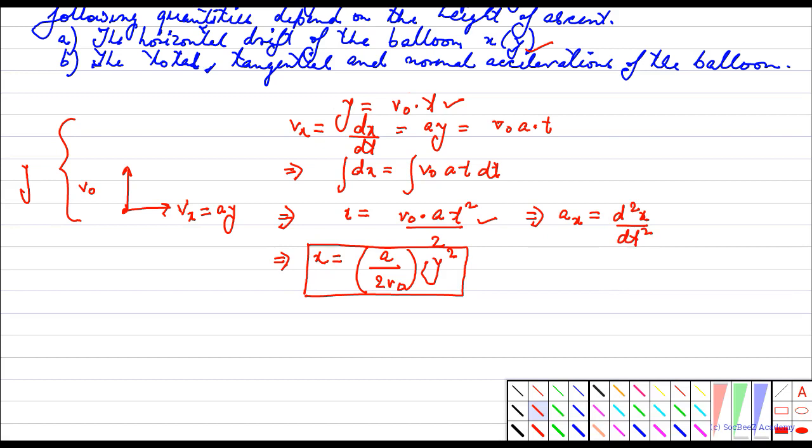So this is nothing else but v naught into a. So this implies that the balloon is having a constant acceleration along the x-axis whose magnitude is v naught into a.